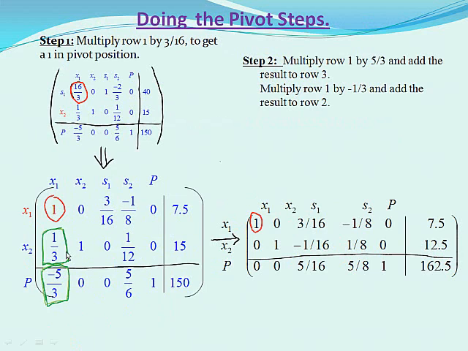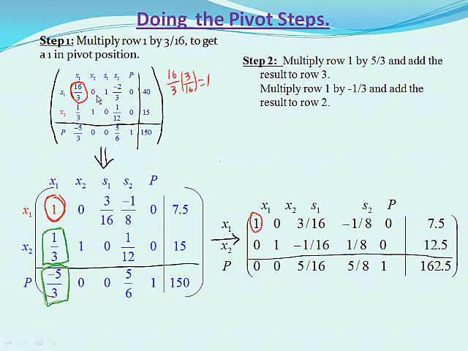Doing the pivot operations again. Remember that 16 over 3 is our pivot entry. So we need to multiply the first row by 3 by 16 to get a 1 at the pivot location. When we do that, 16 over 3 will become 16 over 3 multiplied with 3 over 16. That will be our pivot entry 1.